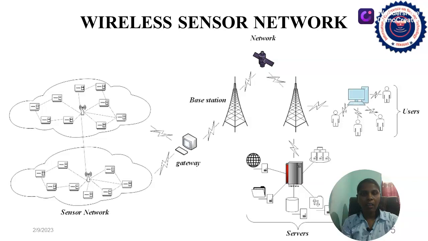According to the structure, a wireless sensor network contains a number of sensor nodes, and the sensor nodes are connected to a gateway, then to the base station, and then to the users. So this is the overall architecture of the wireless sensor network.